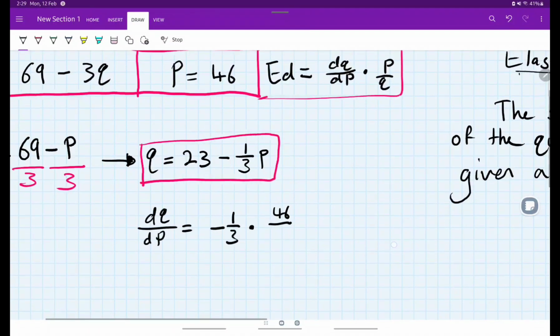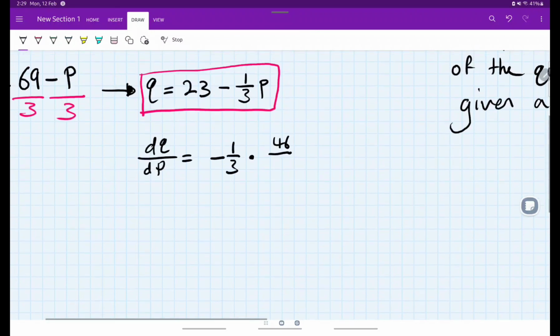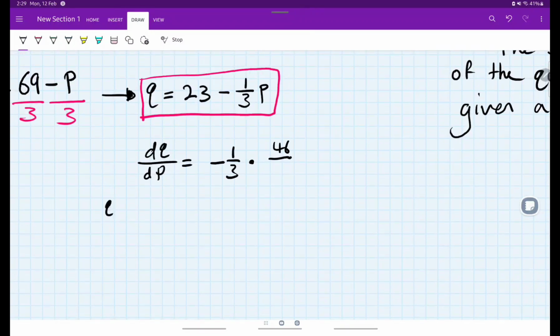And then we have to solve for Q by plugging 46 into that. So you'll have Q equals the constant 23 minus P, and P is 46 over 3, which equals 23 minus 46 divided by 3.